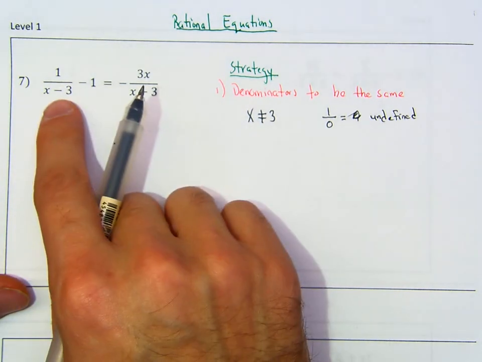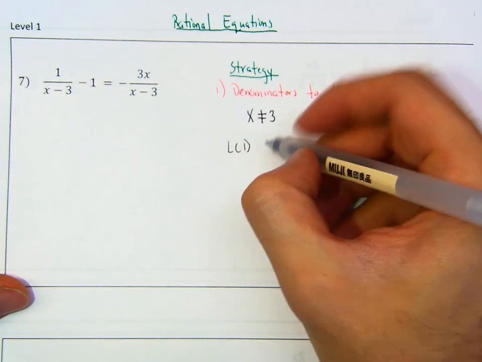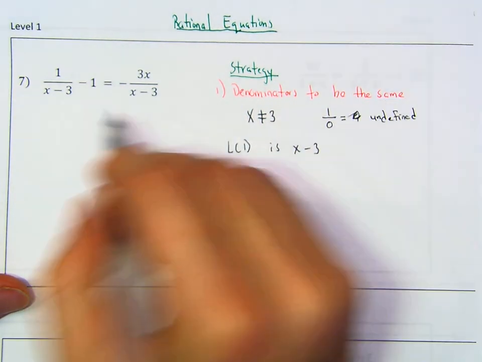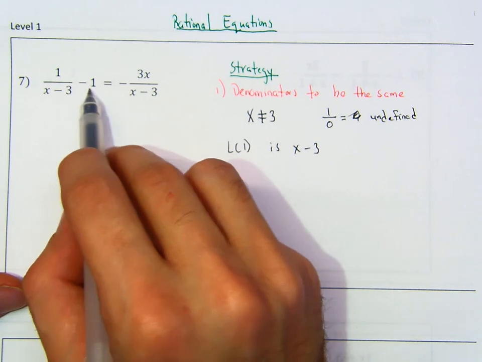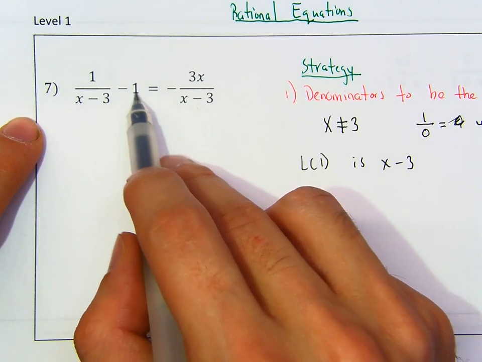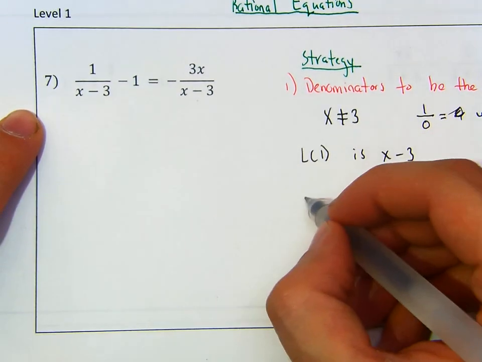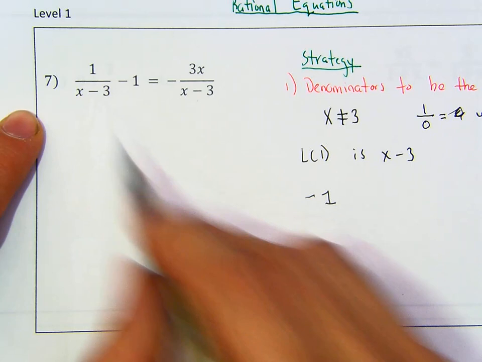Notice that the least common denominator is x minus 3. So notice how you have an x minus 3 here, you have an x minus 3 here, but then you have this minus 1 over here, which looks a little weird. So how do you actually change this minus 1 so it has some x minus 3 on the denominator?